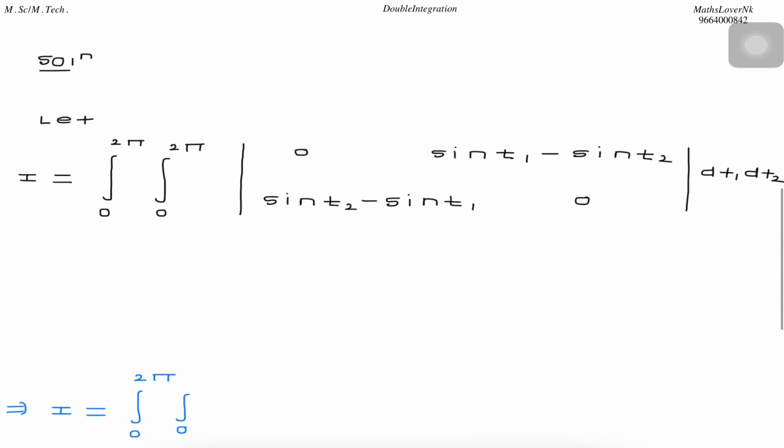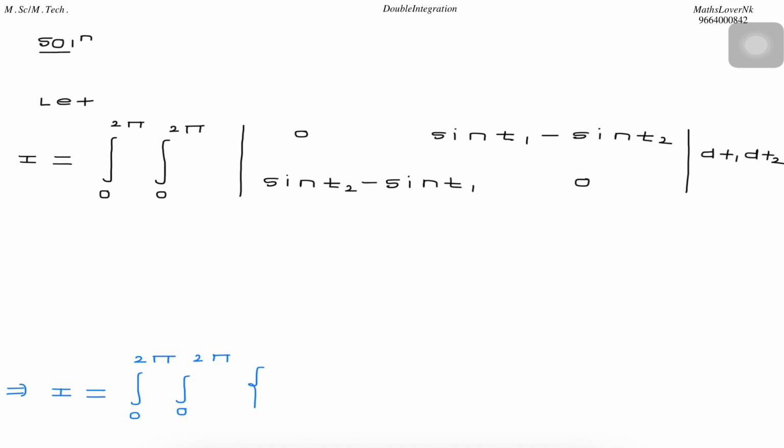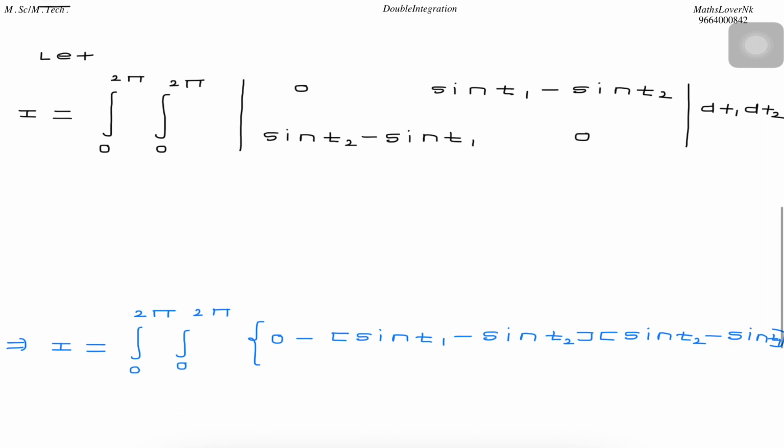When we multiply, first 0 times 0, then 0 minus (sin t1 minus sin t2) into (sin t2 minus sin t1), multiplied by dt1 dt2.